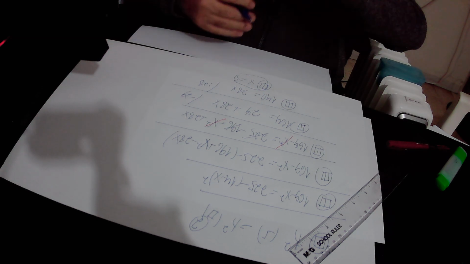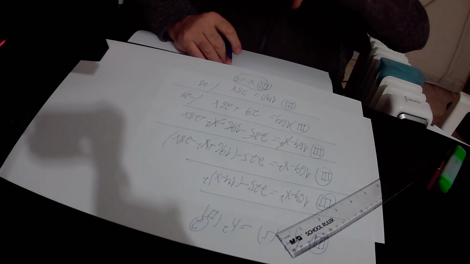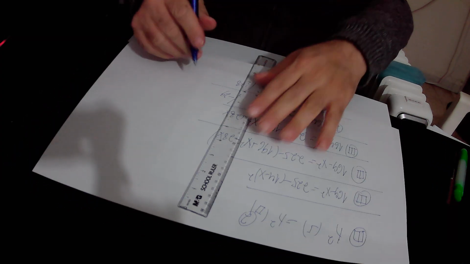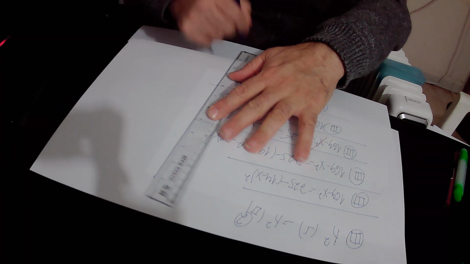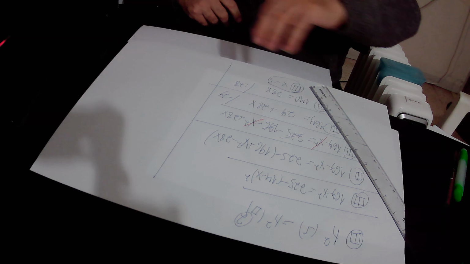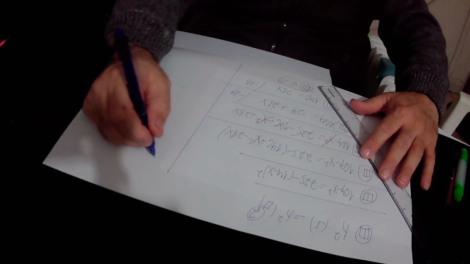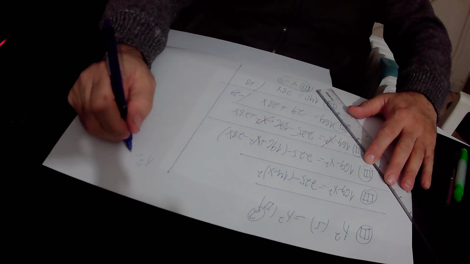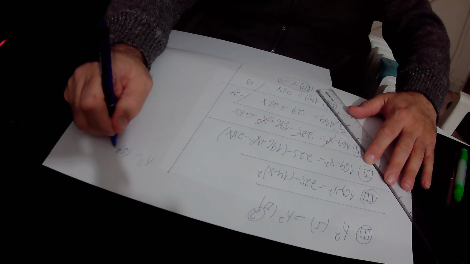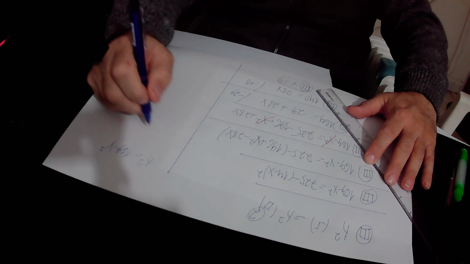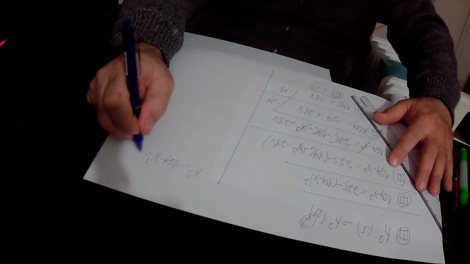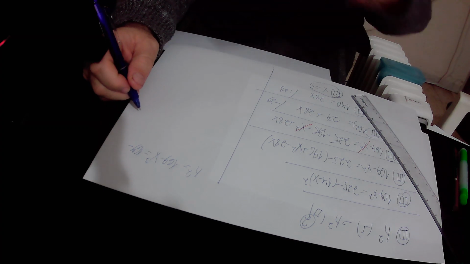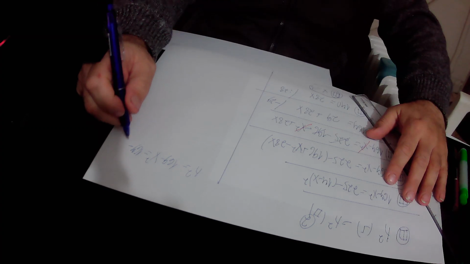Now we can substitute x by 5 in equation number 1. According to equation number 1, h squared equals 169 minus x squared. X is 5, therefore x squared is 5 squared, that is 25.